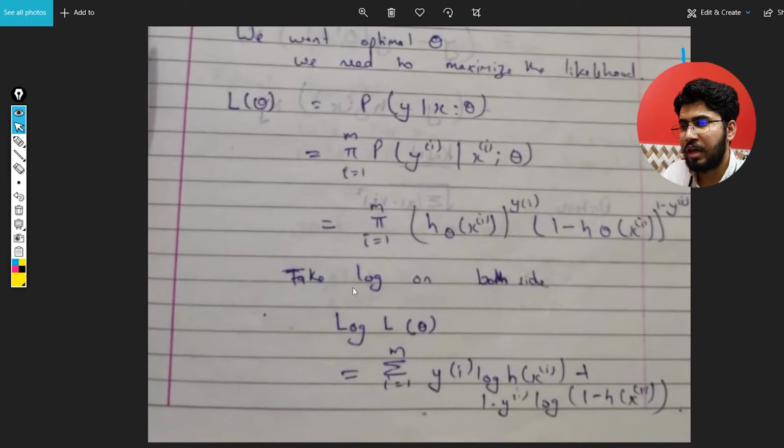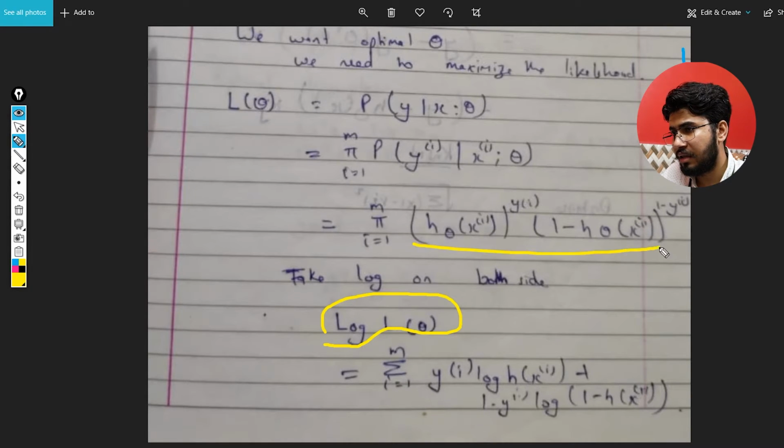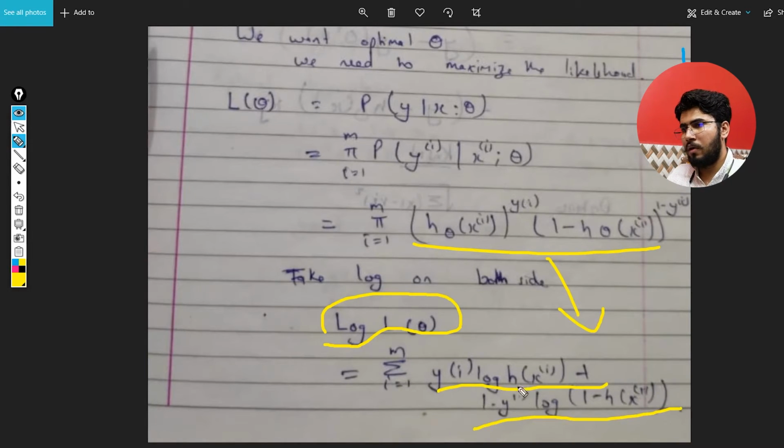Okay, so we are going to take the log on both sides, and after taking the log, it is going to convert this multiplication into a summation sign, and we can add like this. This is a basically simple log formula. You can search on Google how the log formula works.